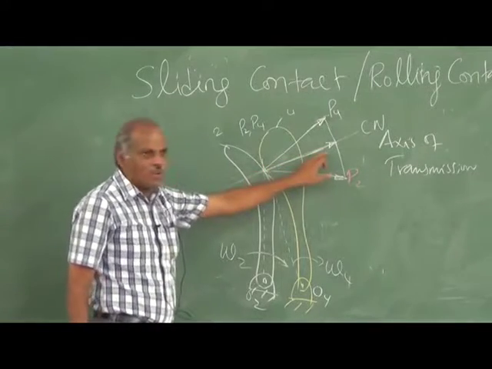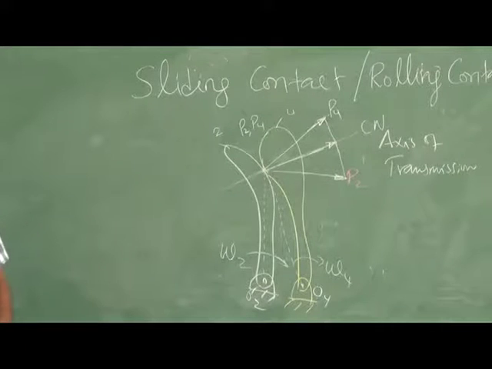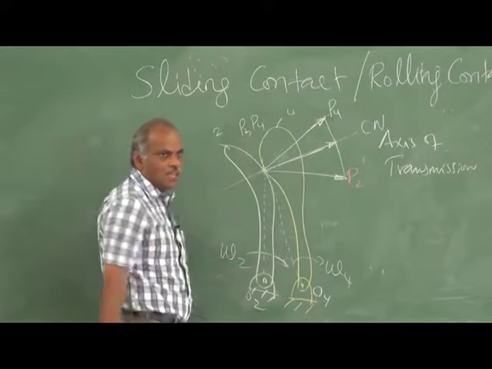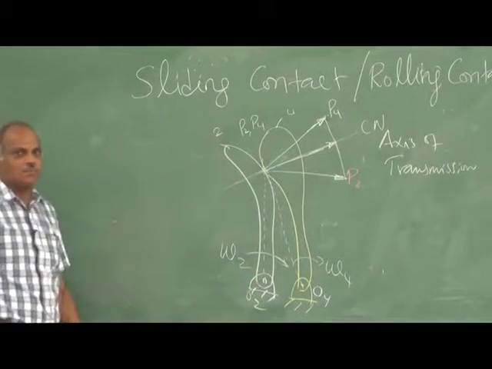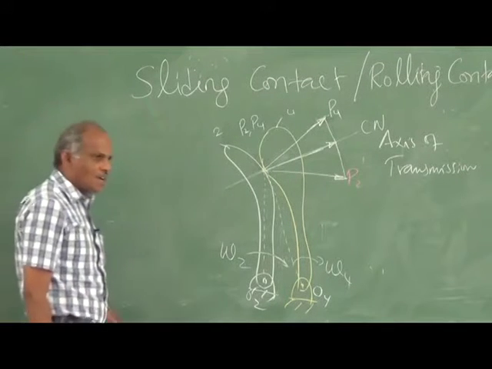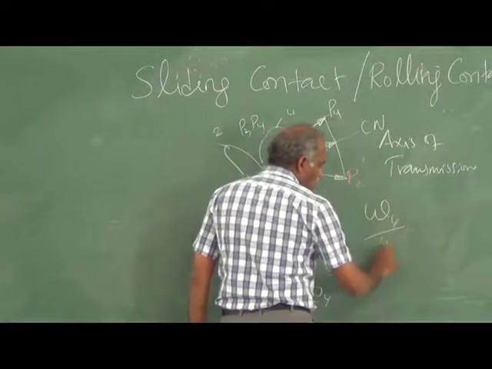So this is the component along the axis of transmission. That is the condition for transmitting forces or motion from one linkage to the other linkage, which are in direct contact. We discussed last class and derived the equation for omega 4 by omega 2.